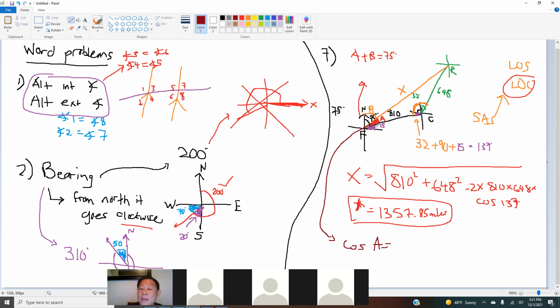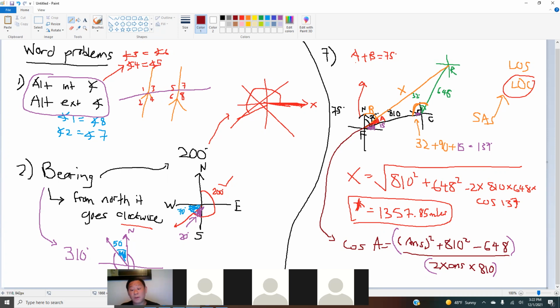So these are the two sides that form angle A. The X in this case is this, so you will do ANS squared plus 810 squared. You subtract 648 squared. This is the formula for the law of cosine, over 2 times your ANS times 810. And don't forget to put parentheses around here because we are dividing.